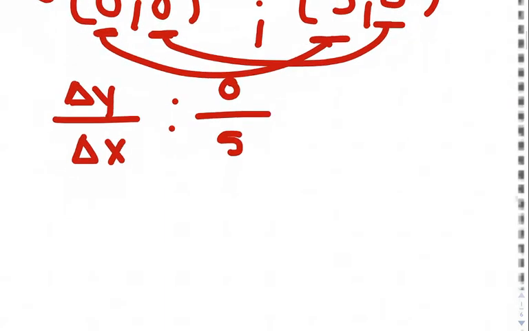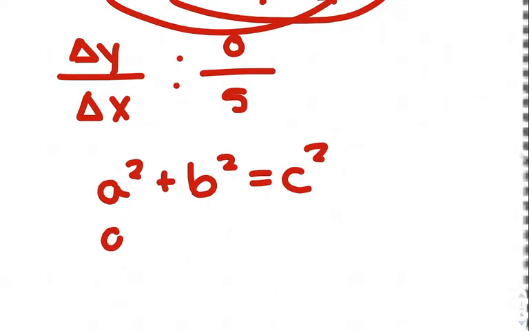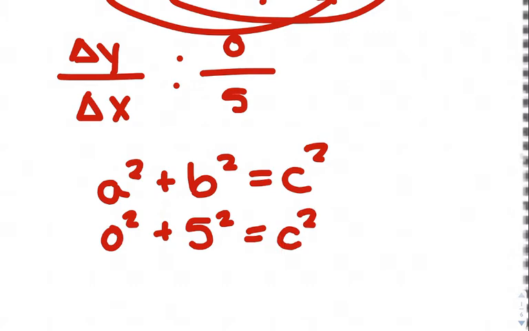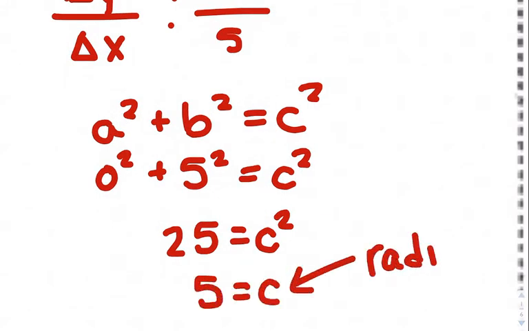So now remember in your Pythagorean theorem, that is your a and your b terms. So it's going to be 0 squared plus 5 squared equals c squared. 0 times 0 is just 0. 5 times 5 is 25. I take the square root and I get 5. What this means is it has a radius of 5.